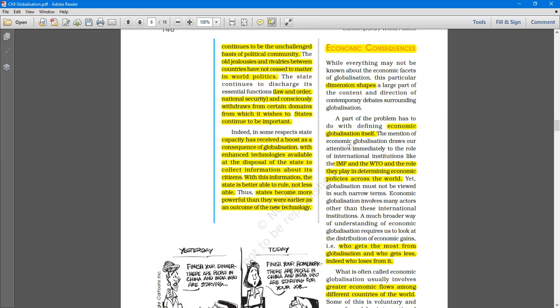So the IMF, WTO, and the role they play in determining economic policies across the world is very important. With globalization, the policies of countries are also getting affected. That's what we discussed in our last class, that the world is changing from state oriented policy to market oriented policy with the growth of globalization.